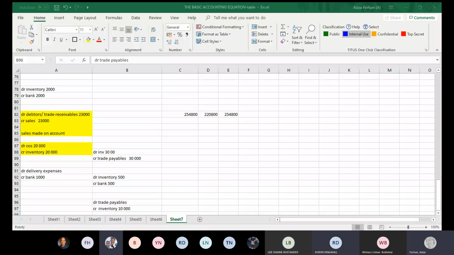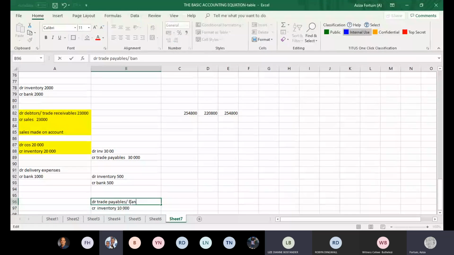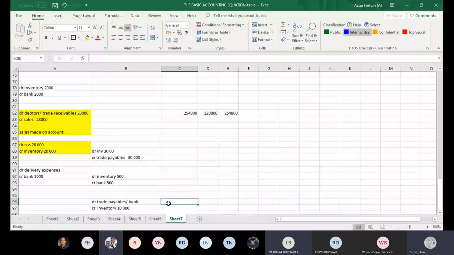What was the last one I was busy with when I asked you? Debit trade payables, credit inventory. Why didn't you say bank? Is there a reason why you never said bank? Because the question just said we return the goods to the supplier.